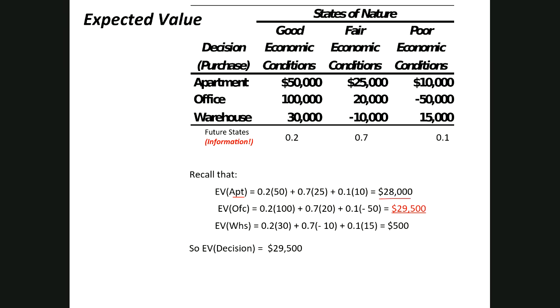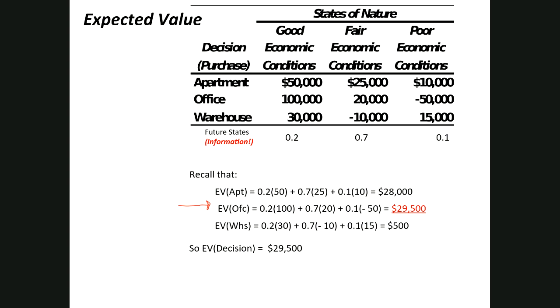For the office, it was 29,500, and of course for the warehouse it was 500. So the best decision that we could make at that point was to invest in the office, and it would return $29,500 on average.